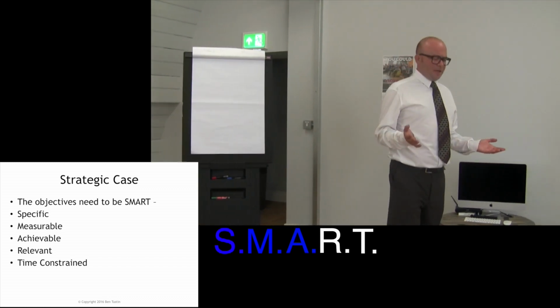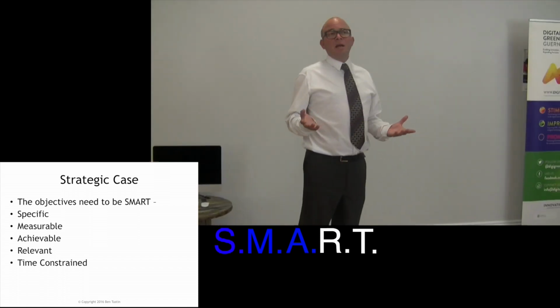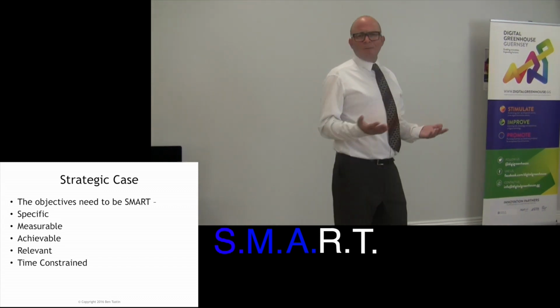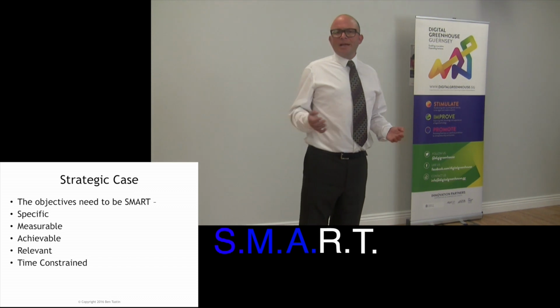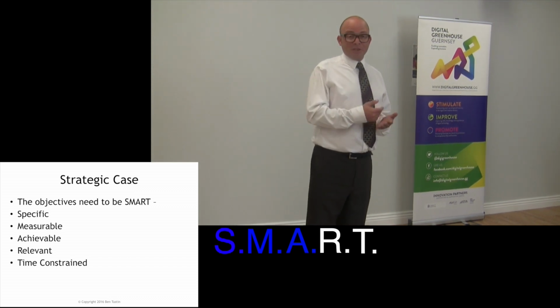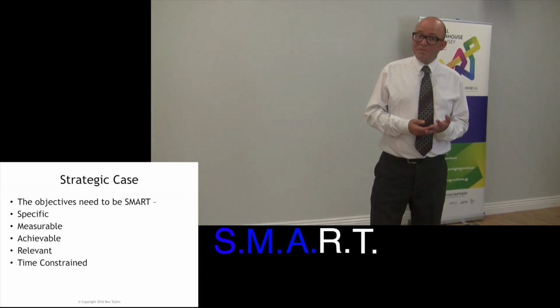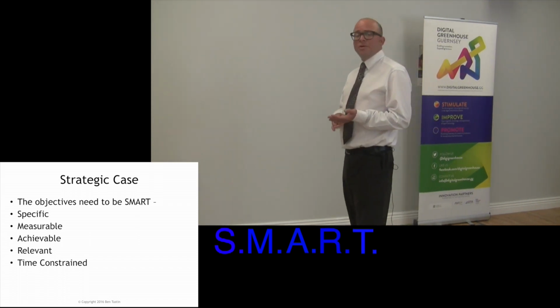That means all sorts of things to all sorts of people. Better integrated might mean more buses. It might mean more routes. It might mean more subsidies so that it's more socially inclusive, for example. It's not specific, and because it's not specific, it can't be measurable. And because it's not measurable, it's not necessarily achievable, debatable whether it's relevant, and it's certainly not time constrained.